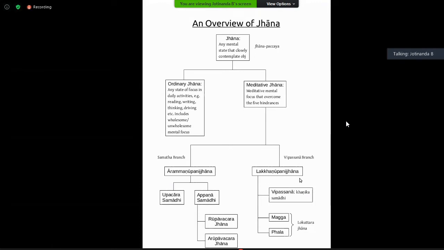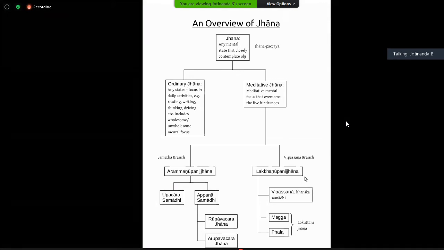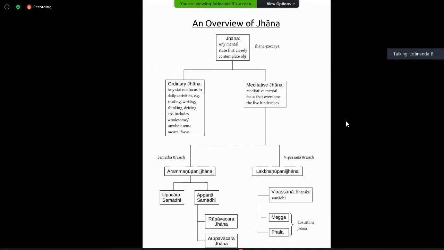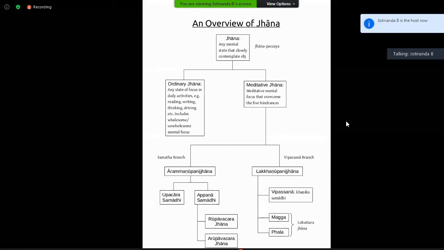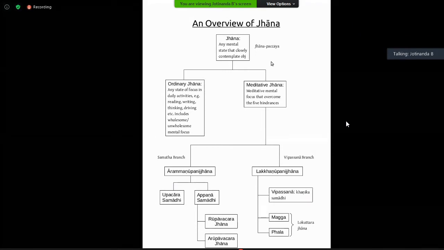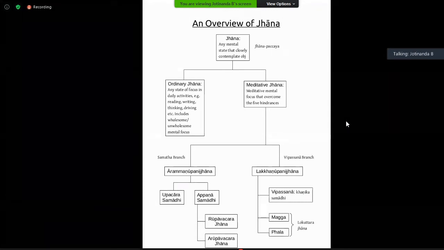Whereas the vipassana side is called lakkhanupanijjhana. Lakkhana means characteristic or nature. In vipassana meditation, what we contemplate is the characteristic of the object, the characteristic of nama-rupa.